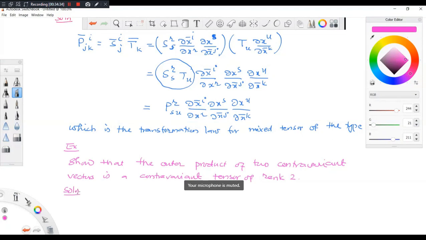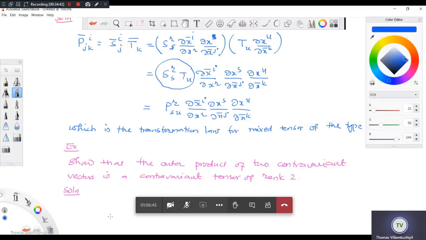Suppose you take the outer product of two contravariant vectors, you will get a contravariant tensor of rank 2. That also you can show.